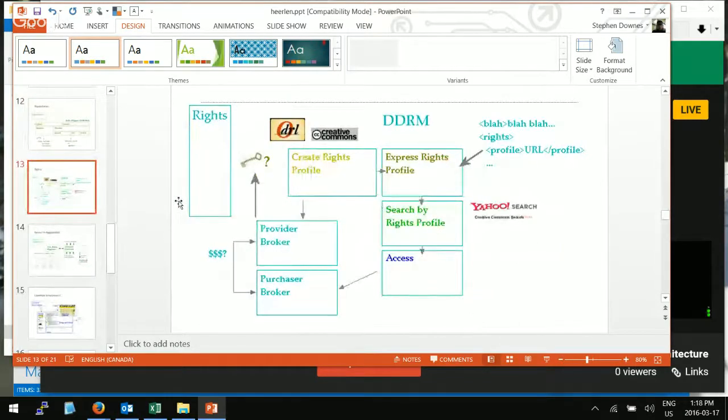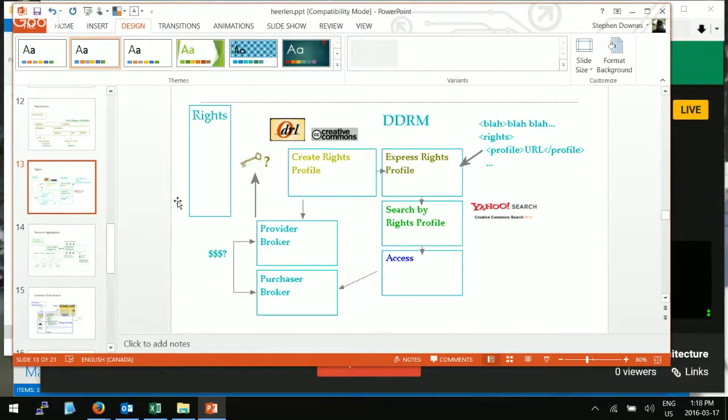If we're going to upload these resources, we need to be able to talk about rights. Of course, we talk about Creative Commons a lot, and that's probably the principal way of describing the rights of an open educational resource. But it's not the only game in town. There's the Open Digital Rights Language, which is a specification that was created independently, but now it's part of the World Wide Web Consortium.